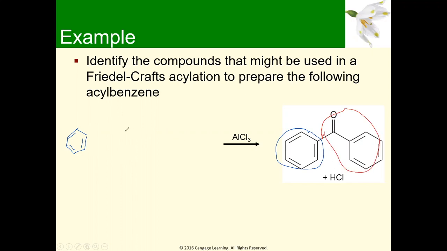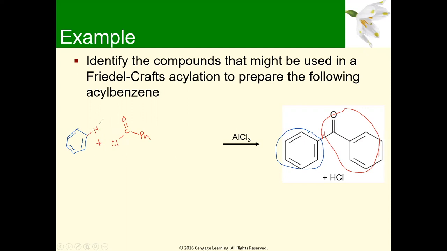So I'll draw the carbon double bond oxygen, and then the connection to the phenyl. I'm just going to put Ph for phenyl, if you don't mind. The benzene ring, right? Ph is just an abbreviation for that benzene ring. And so what have we been talking about? Well, we've got to have a halogen in there somewhere. So let's put a chlorine on there. Okay. So now remember what happens is there's a hydrogen right here.